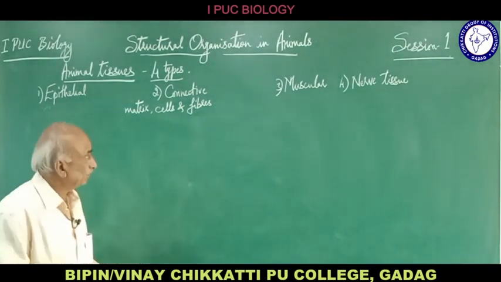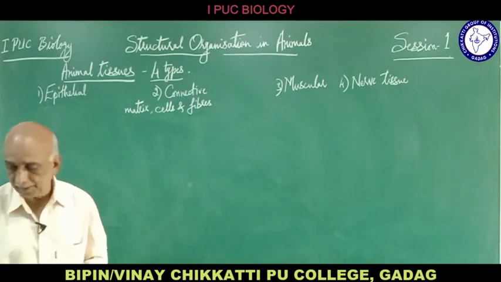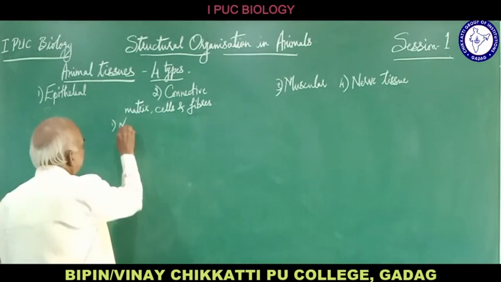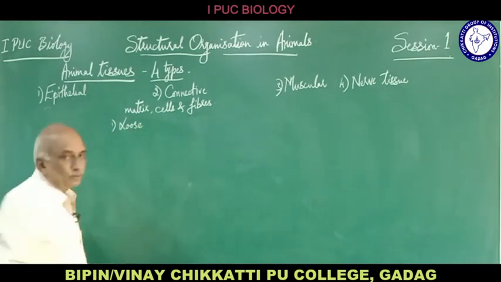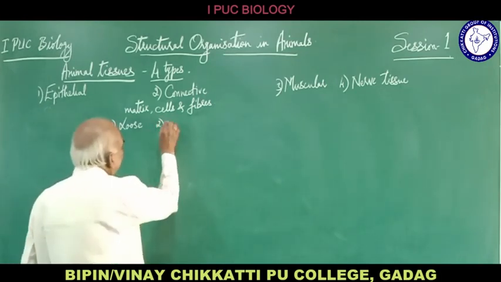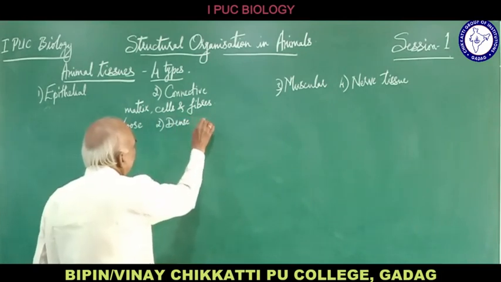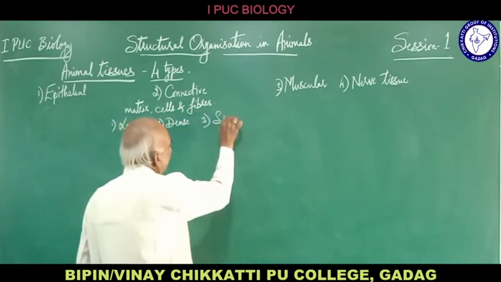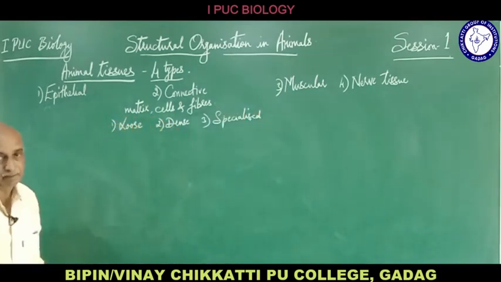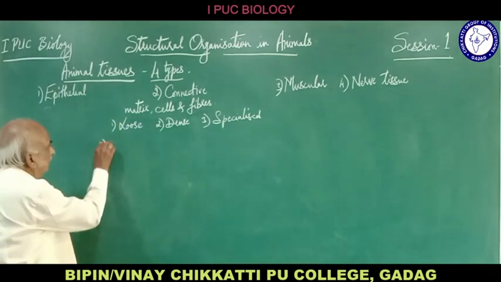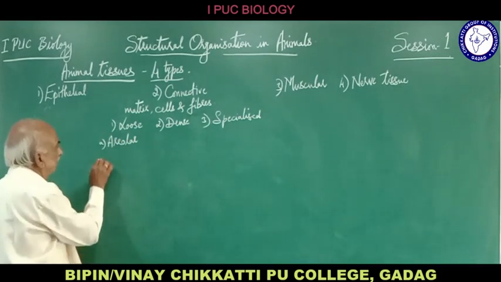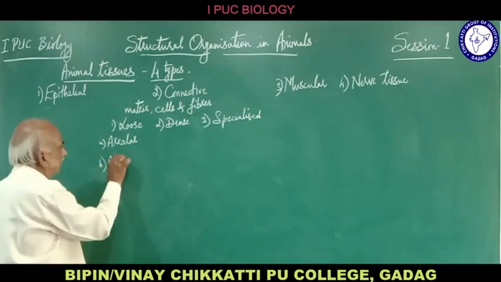And along with that, there are fibers, except in the blood. So there are three types of connective tissue: loose connective tissue, dense connective tissue, and specialized connective tissue. These are the three types of connective tissue which we can differentiate mainly. Under this we come across one type of tissue called areolar tissue, and another type called adipose tissue.